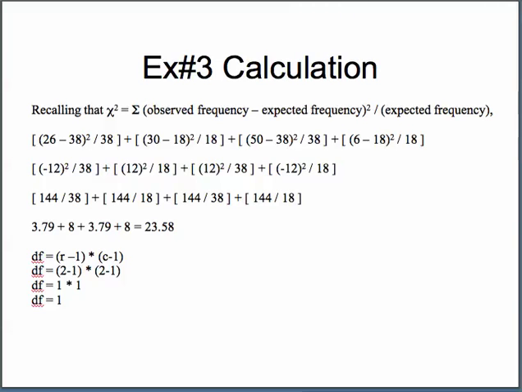That is minus 12 squared divided by 38, plus 12 squared divided by 18, plus 12 squared divided by 38, plus minus 12 squared divided by 18. 144 divided by 38, plus 144 divided by 18, plus 144 divided by 38, plus 144 divided by 18. 3.79 plus 8, plus 3.79 plus 8 equals 23.58. The DF is equal to 1.